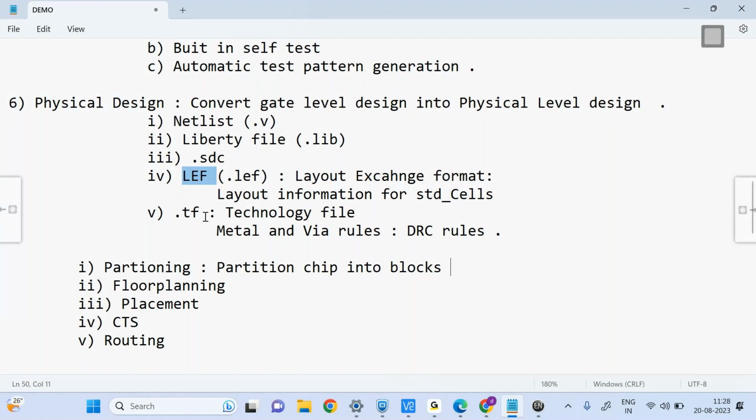The technology file we get from the foundry, because it has rules that come from the foundry. So all the files do not come from synthesis. Technology file from the foundry, LEF from layout, Liberty file from the library characterization team. Netlist and SDC we get from synthesis. And even this netlist will go through the DFT process.